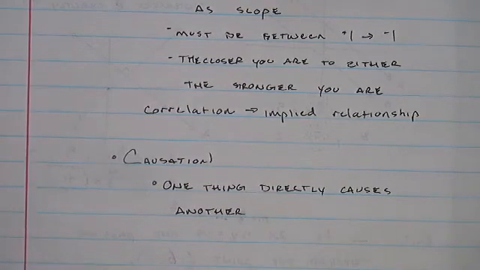Versus my example the other day, which would have been something like when it rains, the sidewalk gets wet, or the grass gets wet, or the trees get wet. So that's a direct relationship.